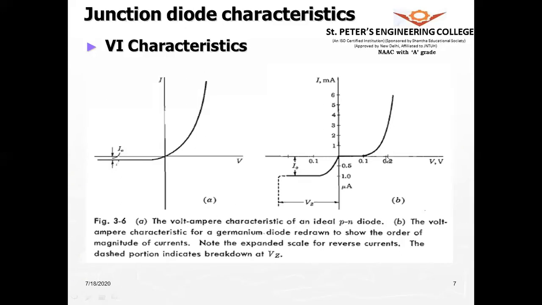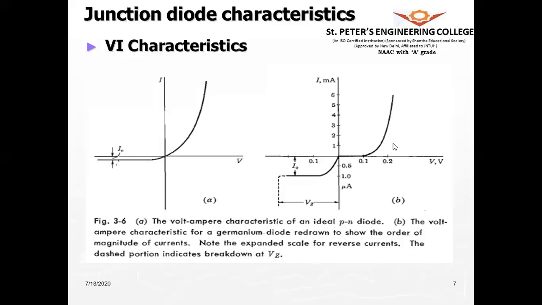For a germanium diode, this is the point where the diode starts conducting and starts allowing current to rise. That point we call the knee voltage.